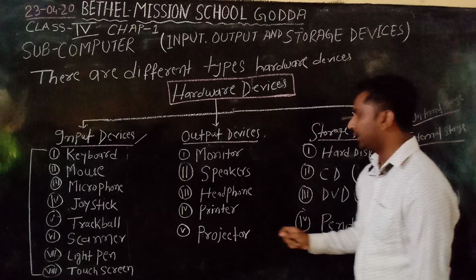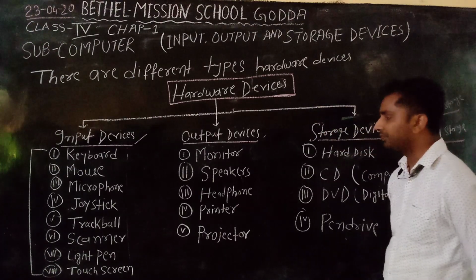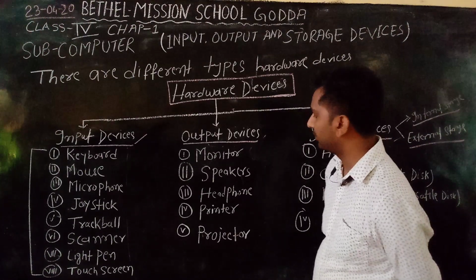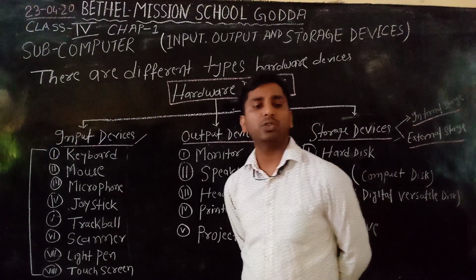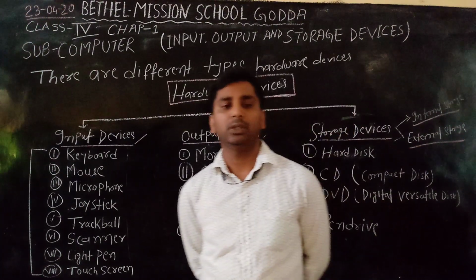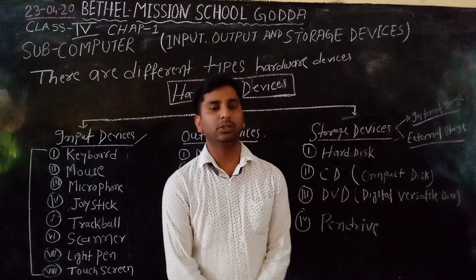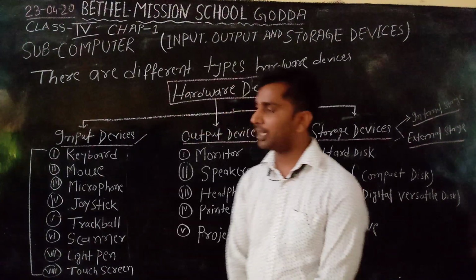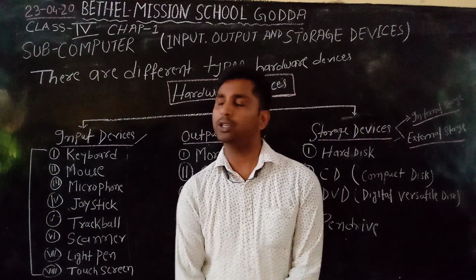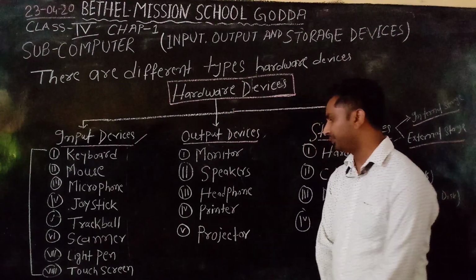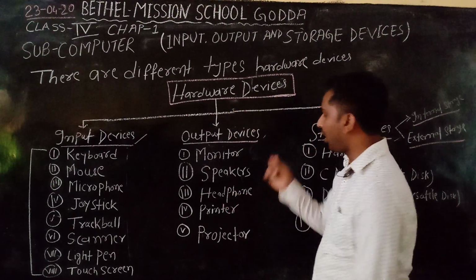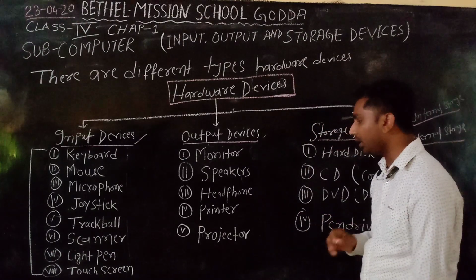Now, third one is headphone. Headphone is also an output device. Headphone can be used in place of speaker to listen to music. So this is called headphone.